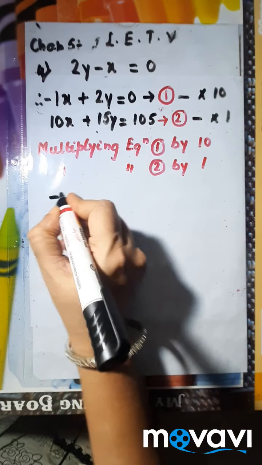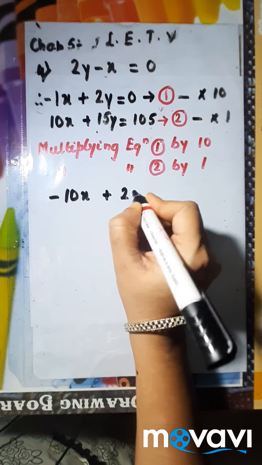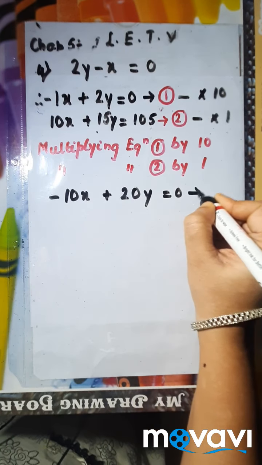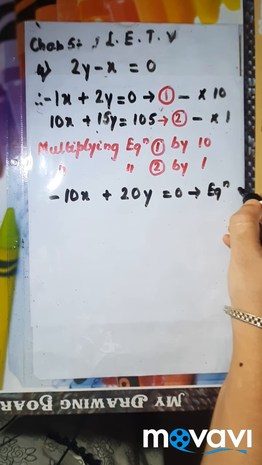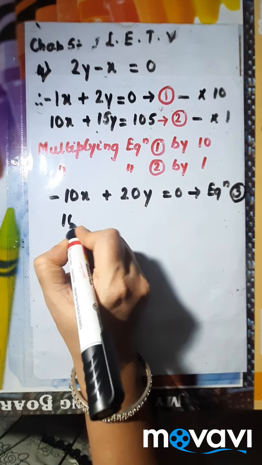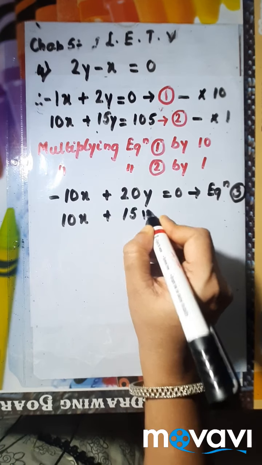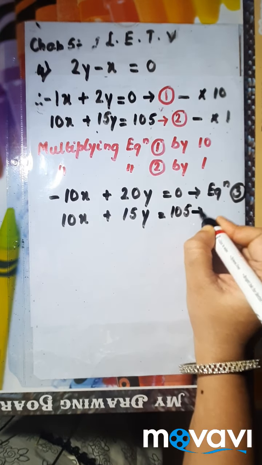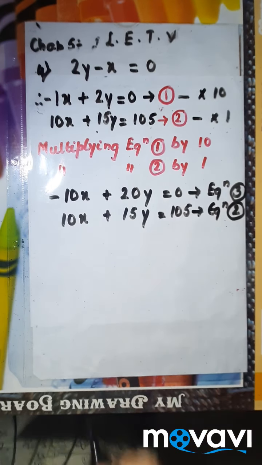When I have 10, it will become minus 10x plus 20y equal to 0. Equation 3, because I am using a new equation. 1, it does not make a difference. 10x plus 15y equal to 105. This equation has not changed, so it will remain as equation 2. I'm not going to change this equation.